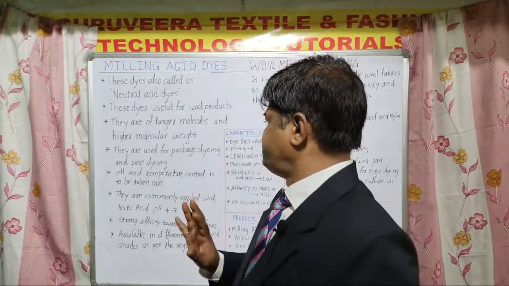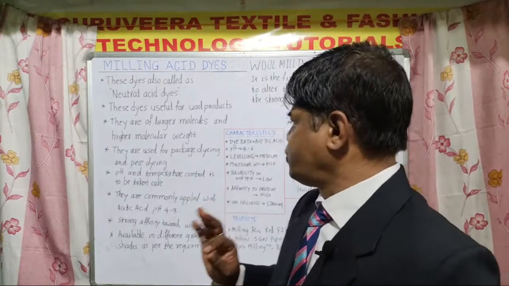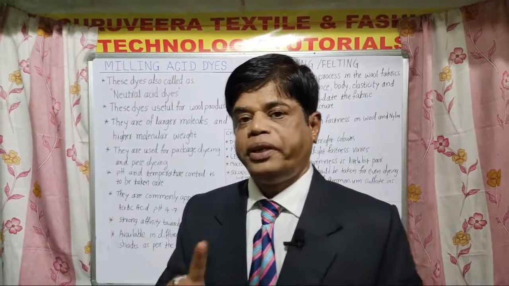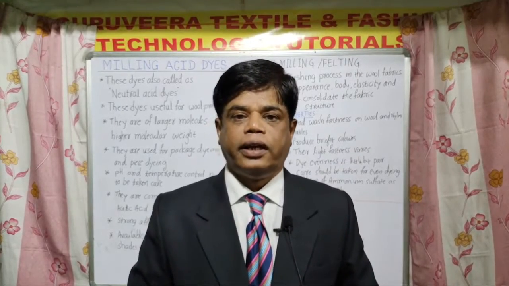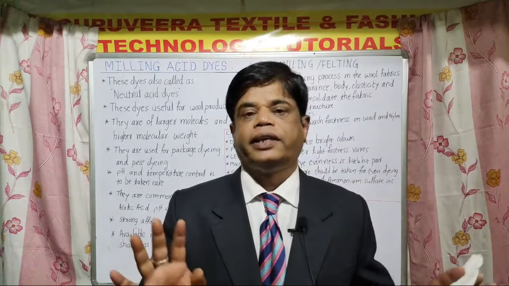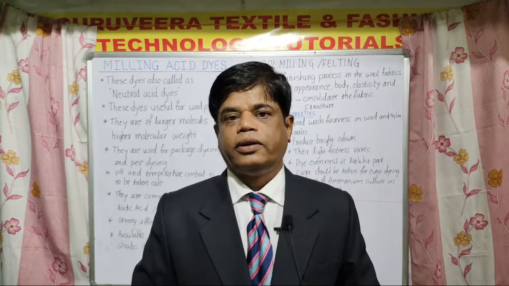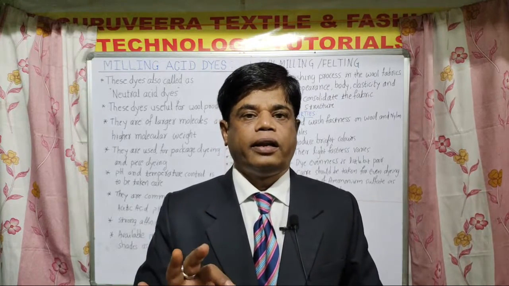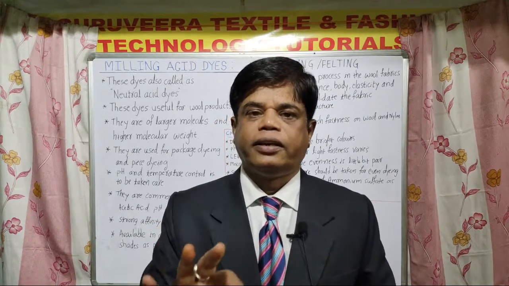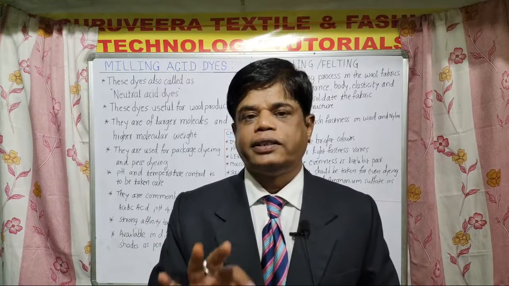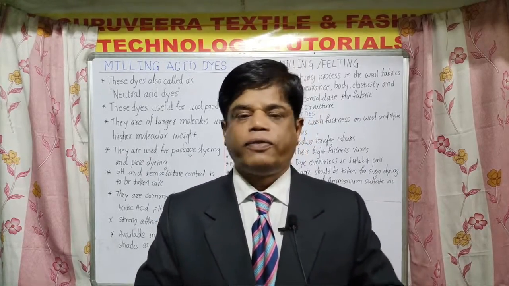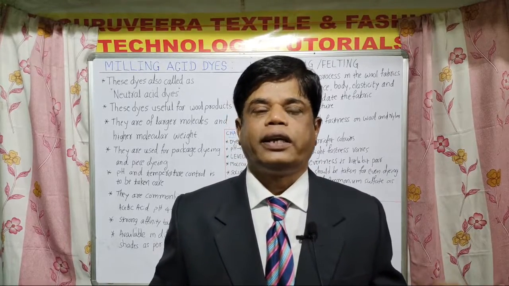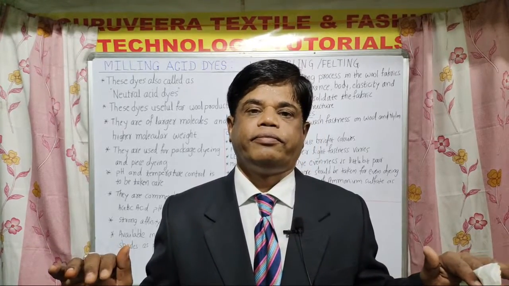Presence of acid, temperature control, pH control, both are important in case of piece dyeing and package dyeing, because the specific reason to use milling acid dyes is for best wash fastness, not to get even dyeing.